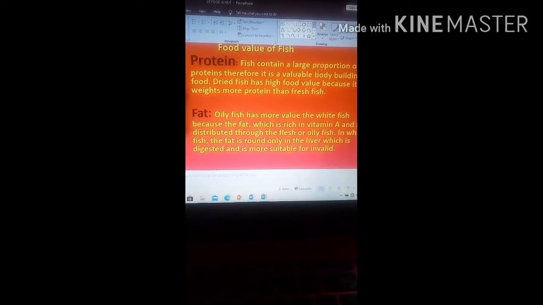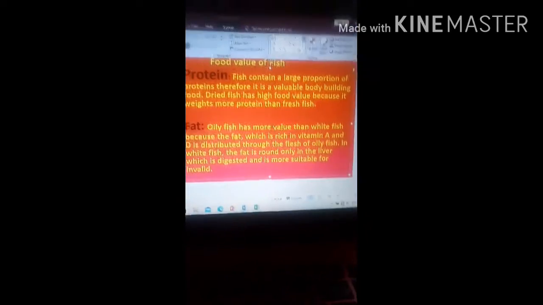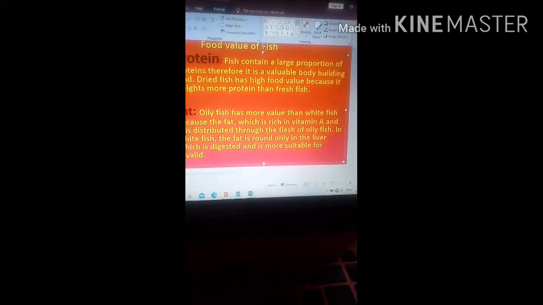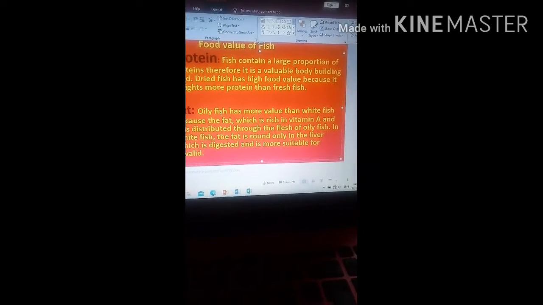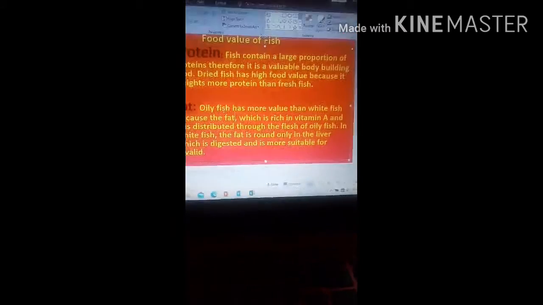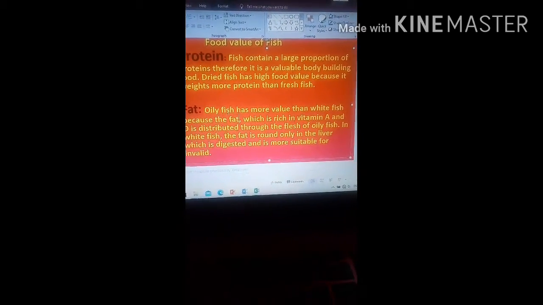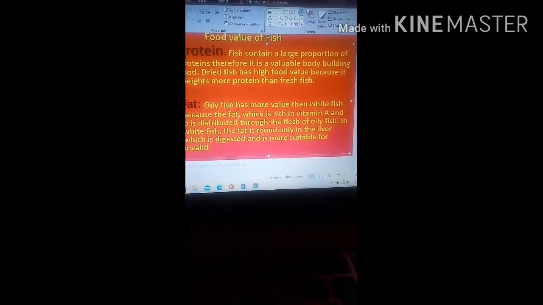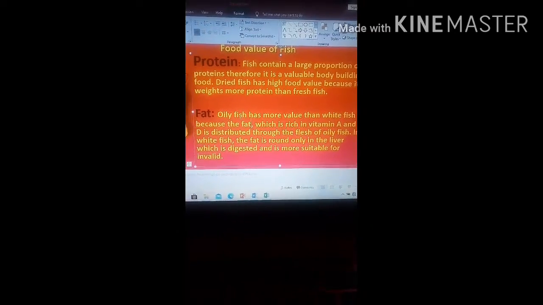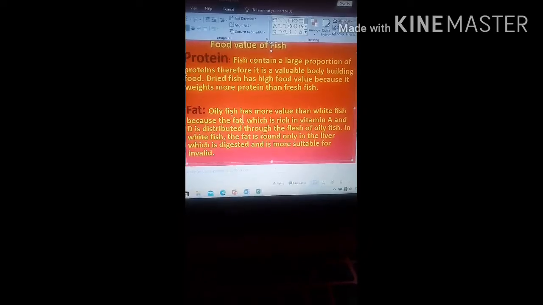Fish also contains fat. Oily fish has more value. The oily fish is more valuable than white fish because the fat content, which is rich in vitamin A and D, is distributed throughout the flesh of oily fish.